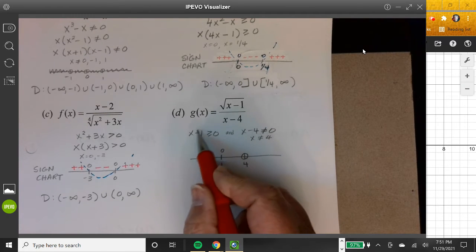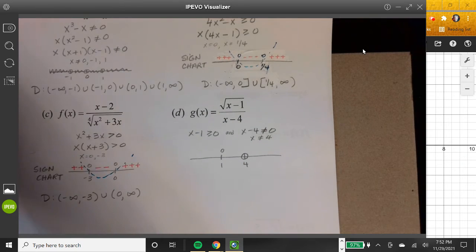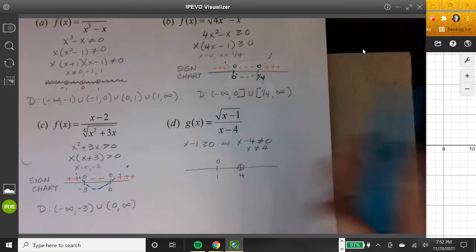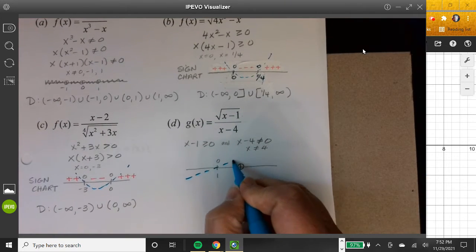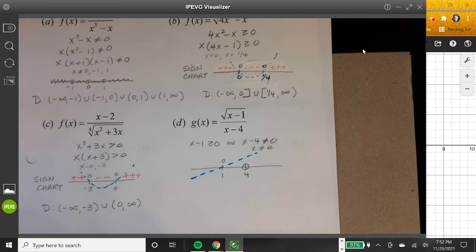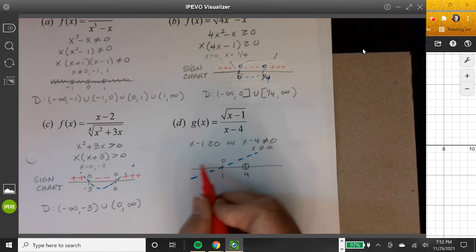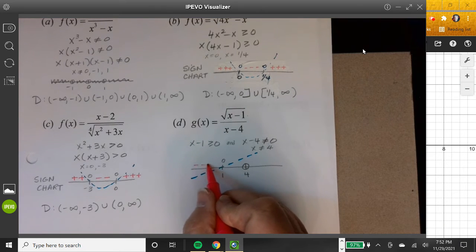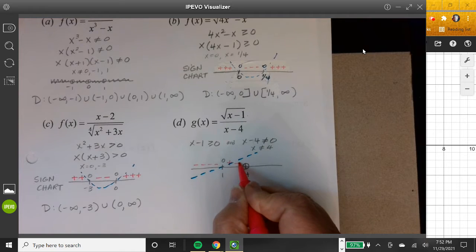And I can take the square root of the parts of this line, y equals x minus 1, that are positive. So that has a positive slope. So I'm going to superimpose my line on this graph here. And now I'm going to do my sign chart. The y values of this line, y equals x minus 1, are negative on this side, and then they're positive on this side.